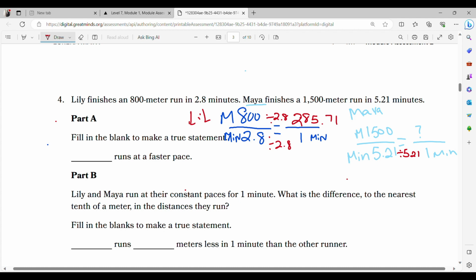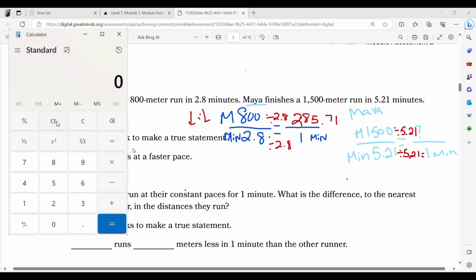If you do it to the bottom, you do it to the top. 5.21 divided by 5.21 equals 1,500 divided by 5.21. Let's do it. 1,500 divided by 5.21 equals 287.90.